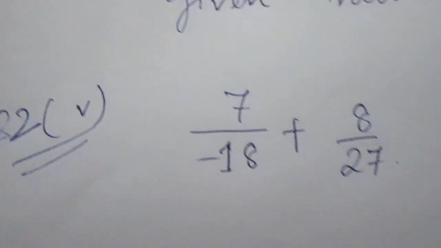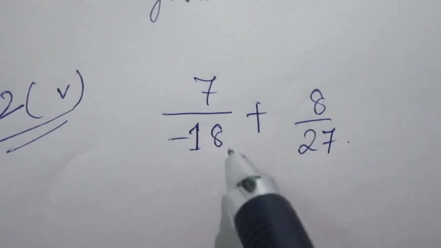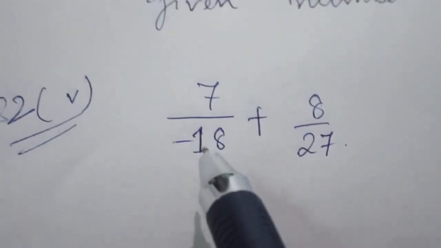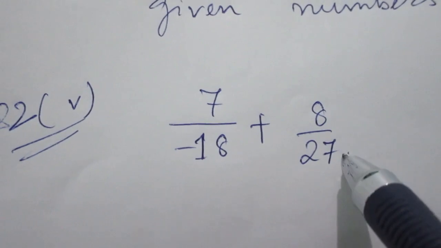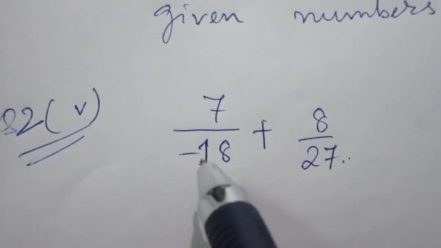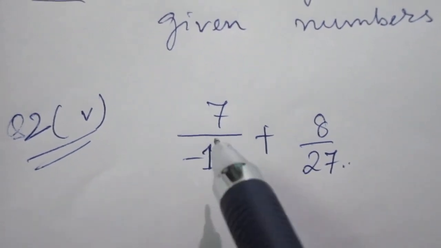So what do we have to do, how can you solve this? See, here the denominators are different. Here the fraction is 7 by minus 18 and here the denominator is 27. First of all, we have to convert the negative denominator into a positive denominator.